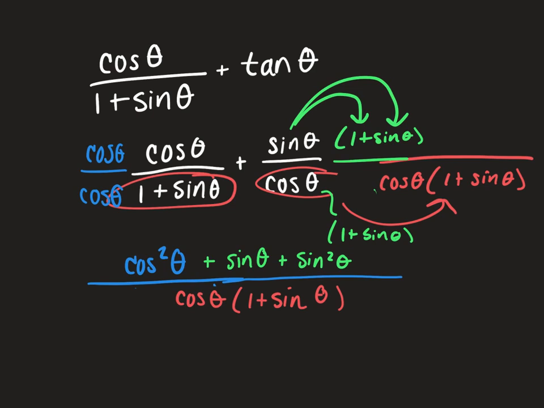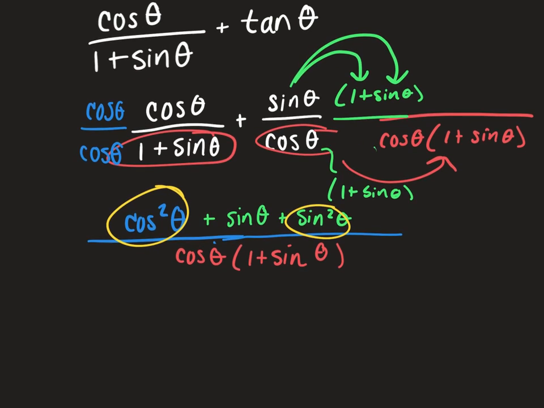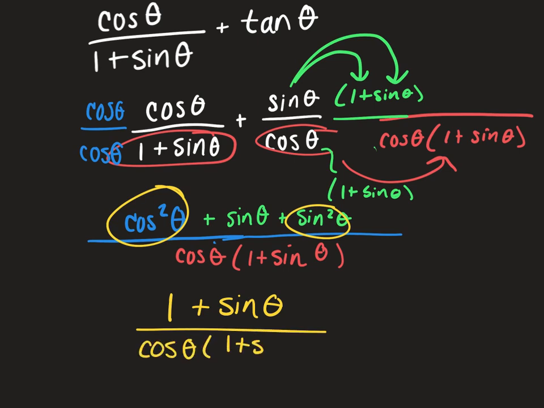So, cosine squared theta plus sine squared theta, that is 1. Oh, okay. That goes back to the chart. Yes. So we have 1 plus sine theta over cosine theta times 1 plus sine theta.